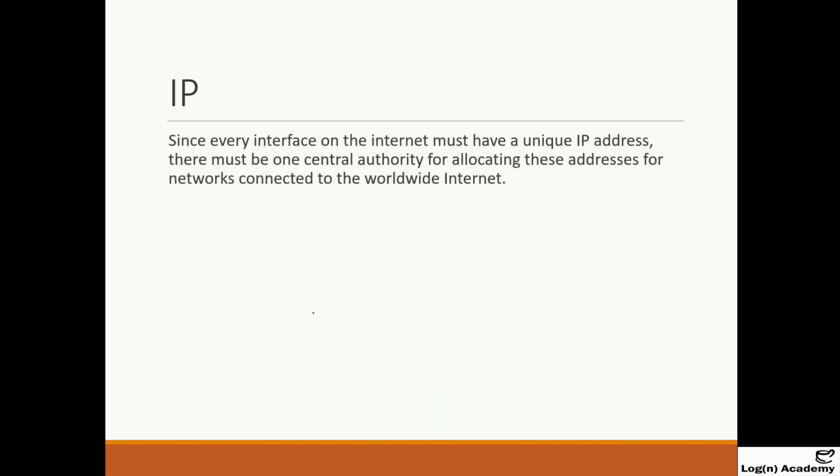Since every interface on the internet must have a unique IP address, there must be one central authority for allocating these addresses for networks connected to the worldwide internet. As you can see here, the words central authority mean there must be some authority authorized to allocate IP addresses to the machines that want to connect to the internet.